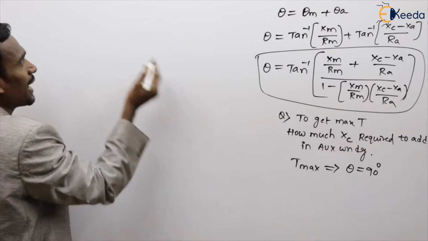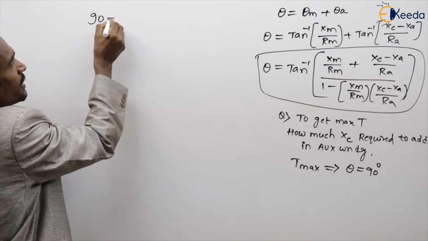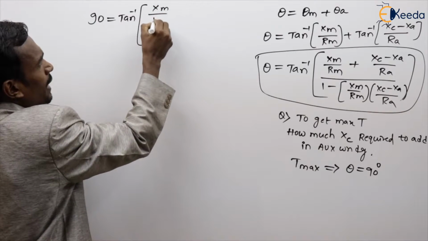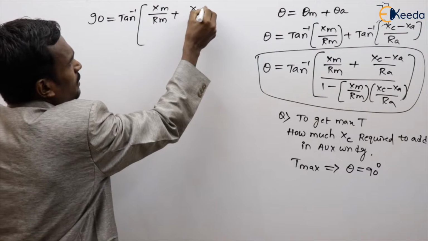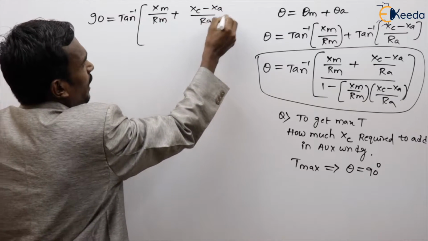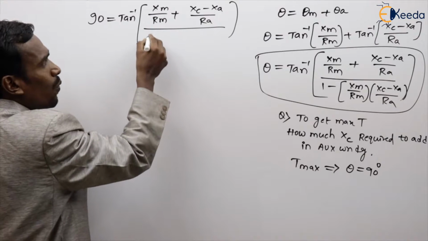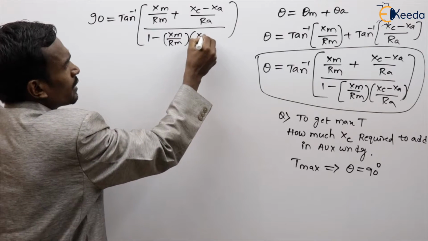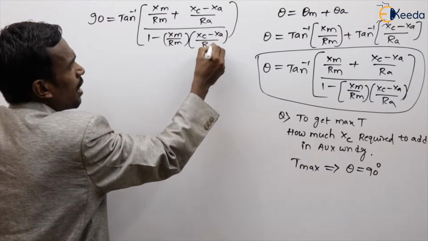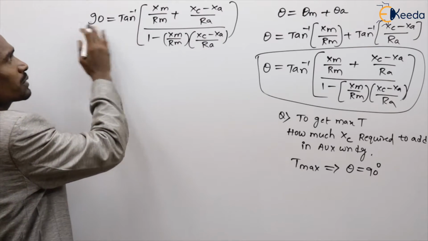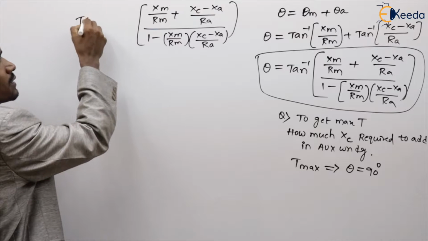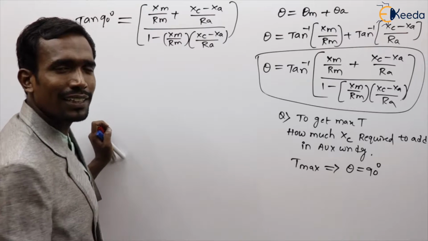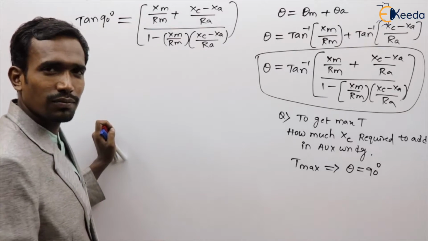Tell me the answer. I place theta equal to 90 degrees, that is equal to tan inverse of (Xm by Rm plus (Xc minus Xa) by Ra) divided by (1 minus Xm by Rm into (Xc minus Xa) by Ra). Here tan 90 degrees is equal to, do you know what tan 90 is? Infinity.